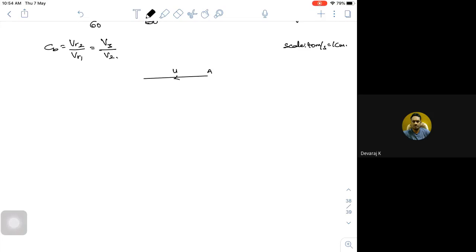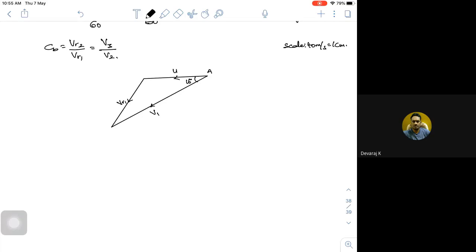Then you take a 16-degree angle. And what is the value of v1? So v1 is given as 610 meters per second. To some scale you draw this as v1, and you join this. So you will get your VR1.